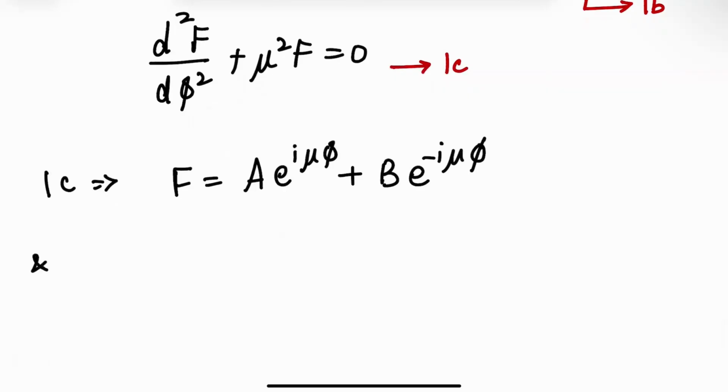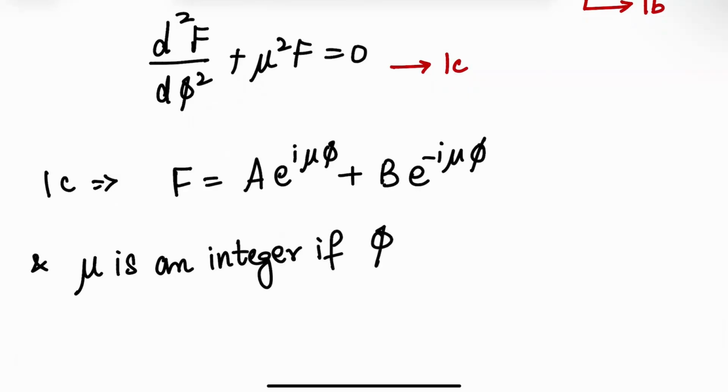And we also know that mu is an integer if phi covers the entire domain, which means it includes the entire set of angles from 0 to 2 pi.